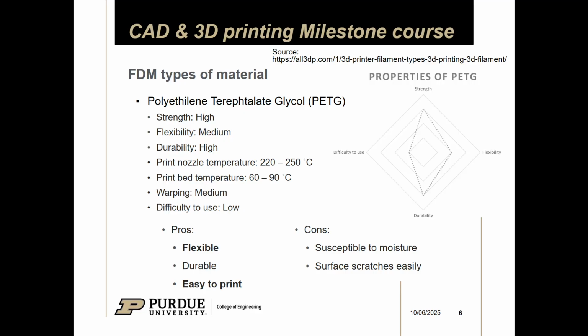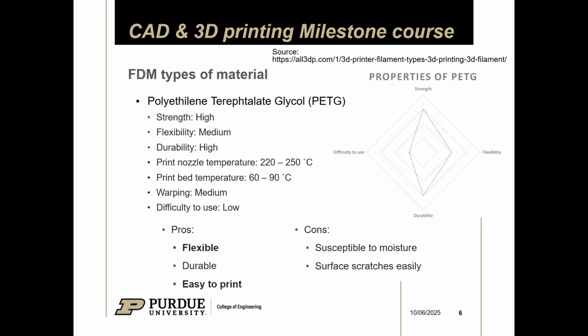The main thing you need to watch out for is that it's very susceptible to moisture. You'll see here I have a dryer, because Indiana can get kind of humid sometimes, and some materials really like to absorb moisture. When they do, the moisture will boil out of the nozzle as you print, and you'll get bad surface finish and sometimes a weaker part.